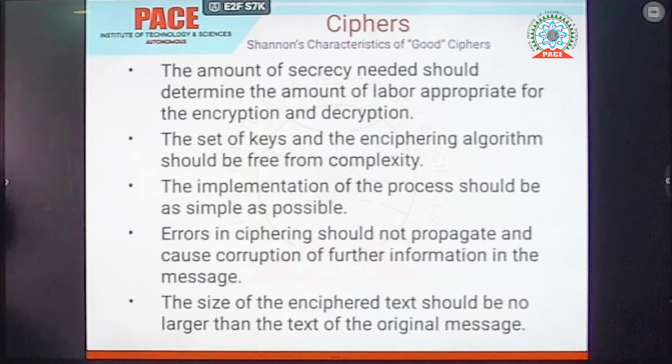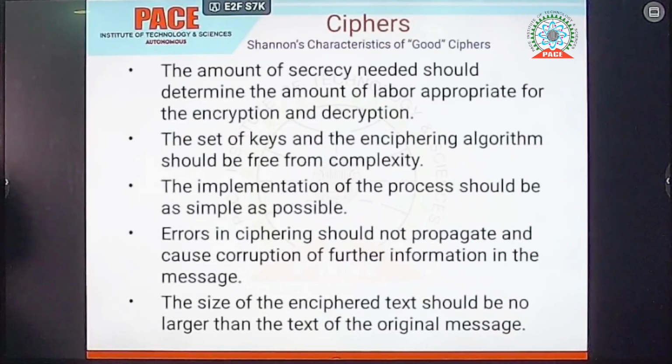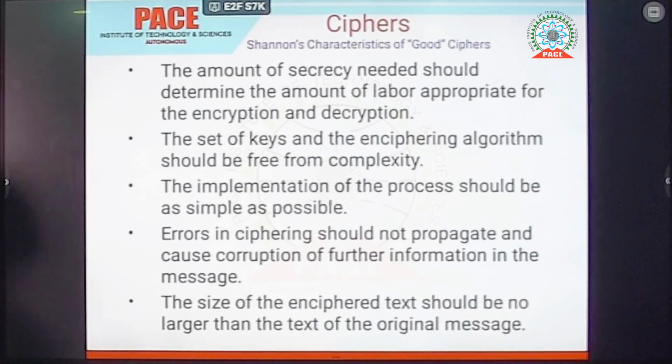The set of keys and the enciphering algorithm should be free from complexity. The implementation of the process should be as simple as possible. Errors in ciphering should not propagate and cause corruption of further information in the message. And the size of the enciphered text should be no longer than the text of the original message. These are some conditions to follow for ciphers.